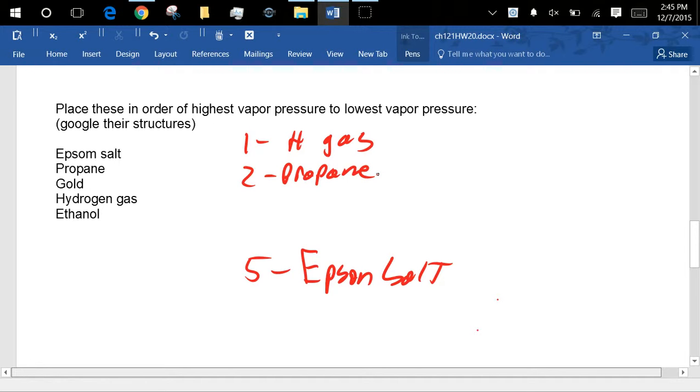Propane also is nonpolar. Propane also only deals with dispersion forces. So why does hydrogen have a higher vapor pressure than the propane? It's smaller. So how many electrons can I disperse with my dispersion forces on a hydrogen gas? 2. It's hydrogen gas, right? So 2 atoms, 2 electrons.